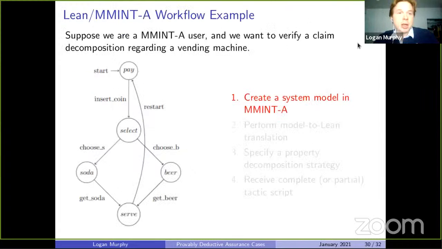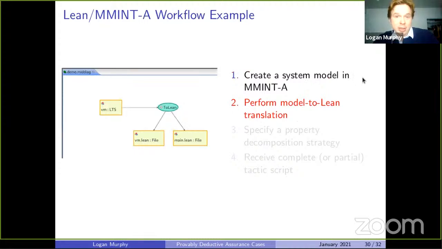So for example, if we're a Minta user, we want to verify a claim decomposition regarding a vending machine system like we have here. The first thing we do is create a system model in Minta, which basically just looks like this. It's just a bunch of nodes. It's a directed graph, basically. Then we can perform a model to Lean translation within our system. So this is a screenshot of the Minta view for an engineer.